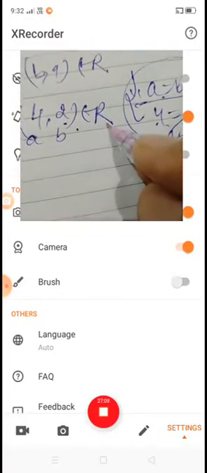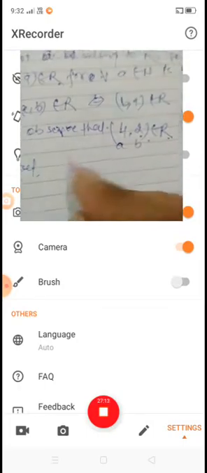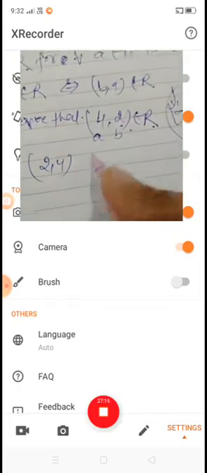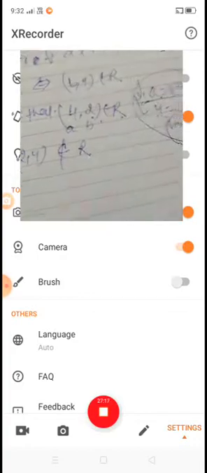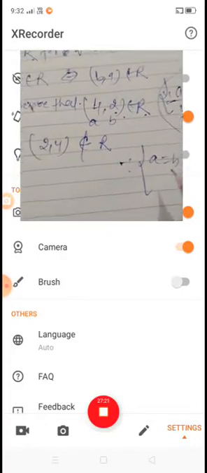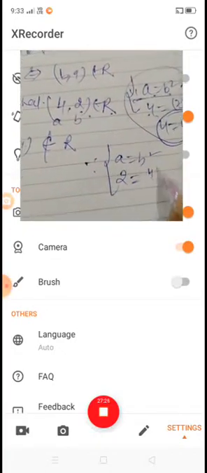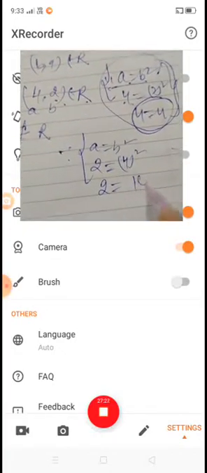Yes, but (2, 4) does not belong to R, since when we put the condition A is equal to B square, here A is equal to 2 and B is 4, then 2 is equal to 16, which is not equal.